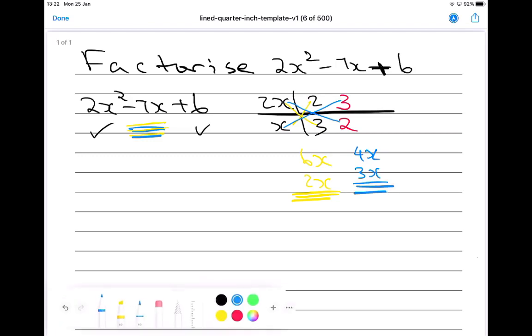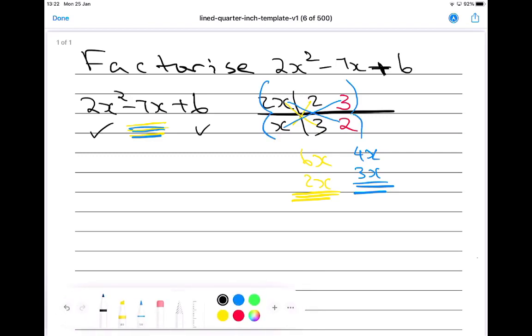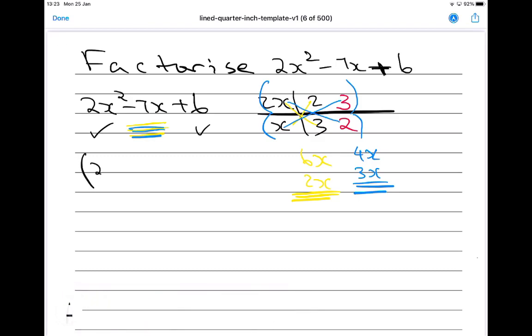I think we can. All right, so that's the right combination. So we know that we will have 2x and a 3 in one bracket, and we shall have x and 2 in the other bracket. So let's do that. So 2x and 3 in one bracket, then x and 2 in the other bracket.